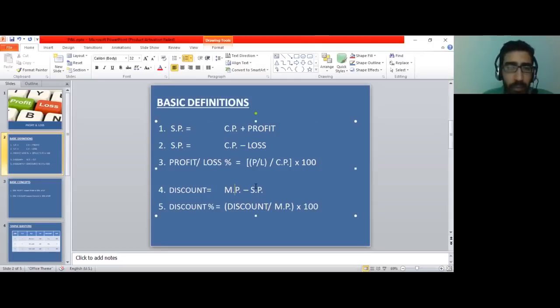Now, what I want to say here essentially is that if you remember this diagram, you will generally not make a mistake in calculation. You start from the cost price, you add profit or subtract loss, and you get the selling price.